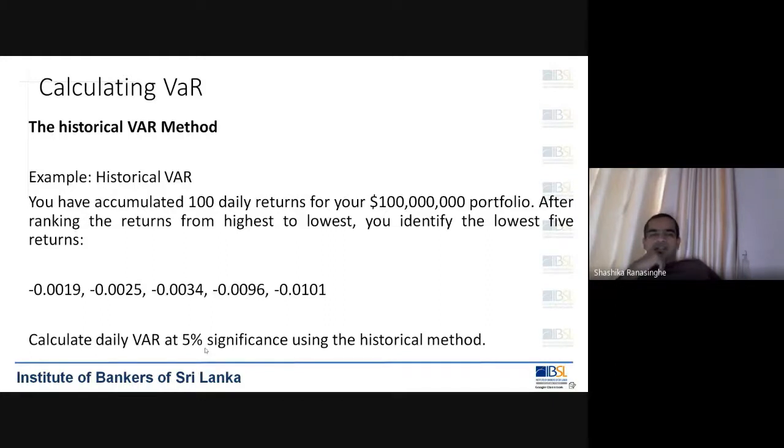So 100 into 1% is 1. Worst return is 0.0101. Right?